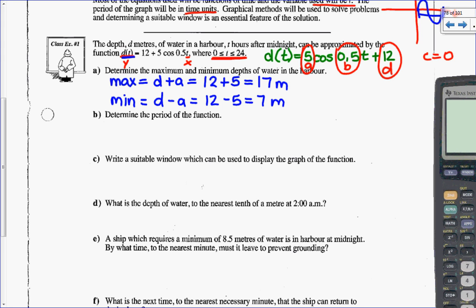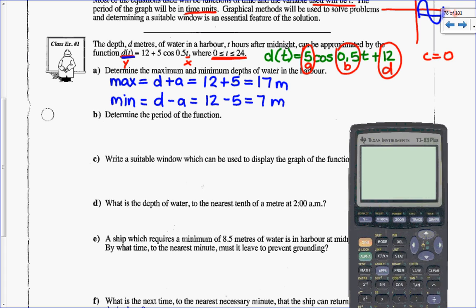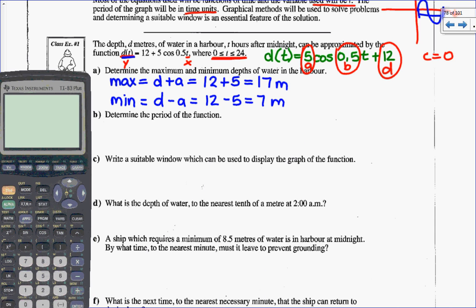Okay, so let's just draw ourselves kind of a sketch on this side of the page where you have a little room, what this would look like if we were graphing this. Okay, we know that we have a maximum point here at 17. We have a minimum point down here at 7. Now we have to figure out what our midline would be.